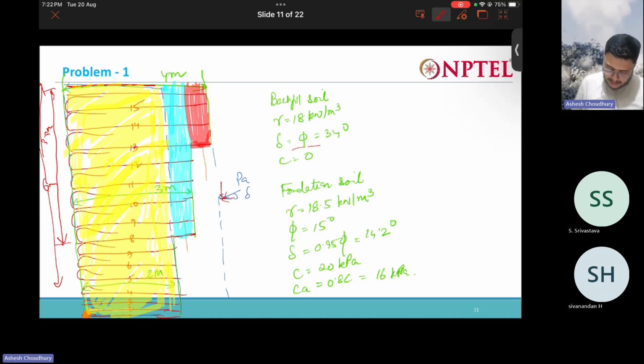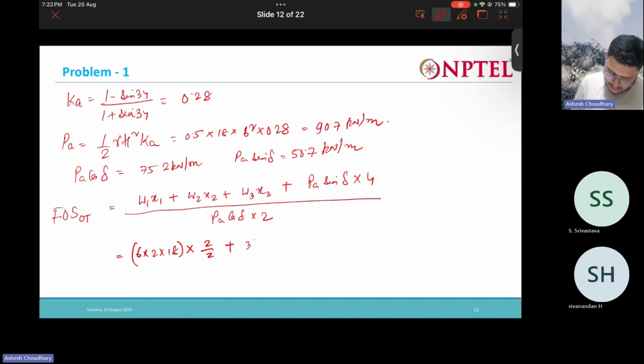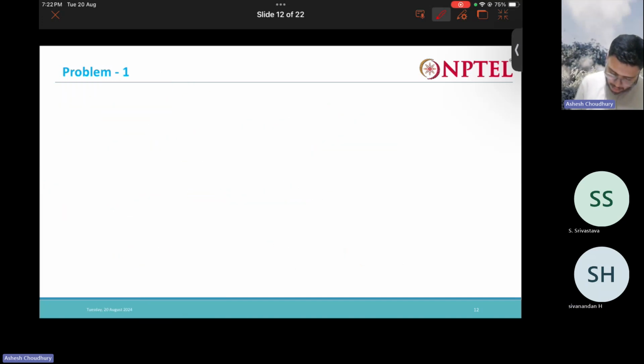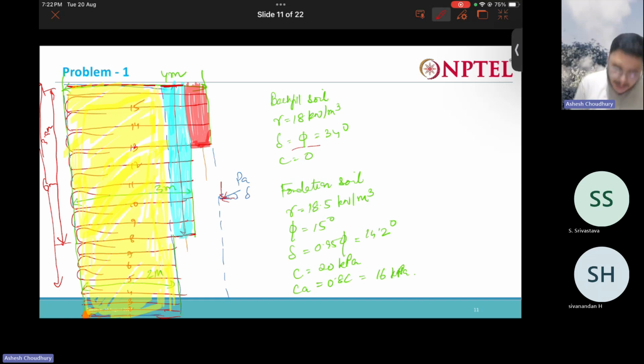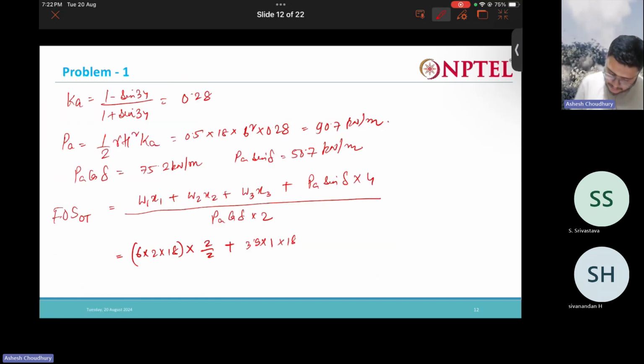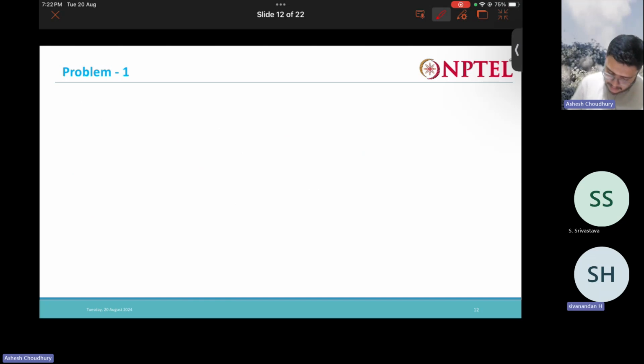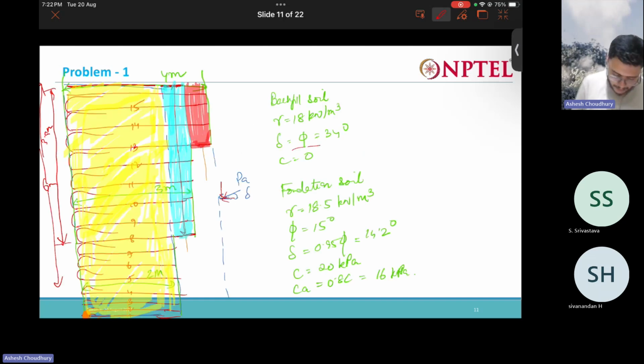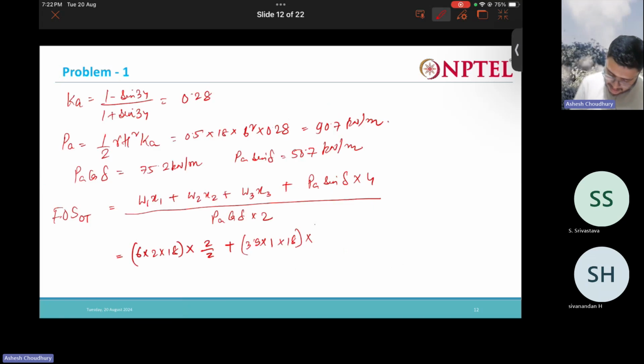This is 3.9 meters, and total is 6 meters. So 3.9 times 1, because this width is 1, times 18, times 2 plus 1 by 2, which is x2.